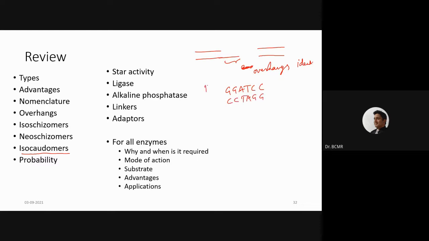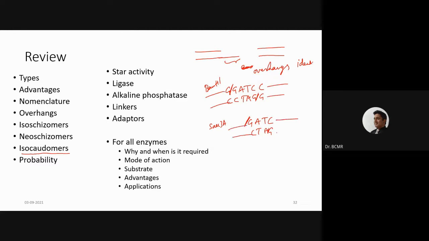This is BamHI, and Sau3AI is GATC. It's a 4-base cutter. GATC cuts here and this one cuts here. Okay, let's make this and then we'll move on.